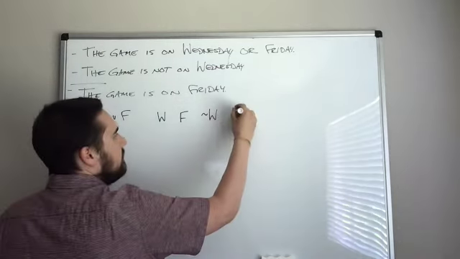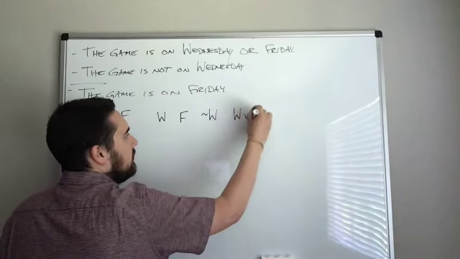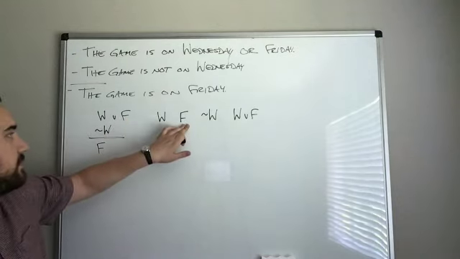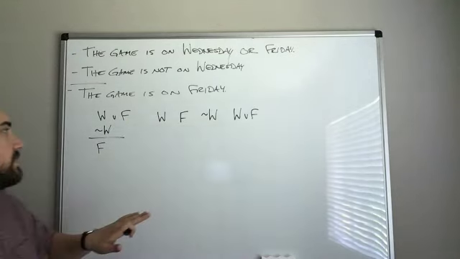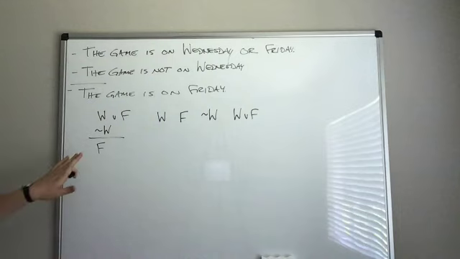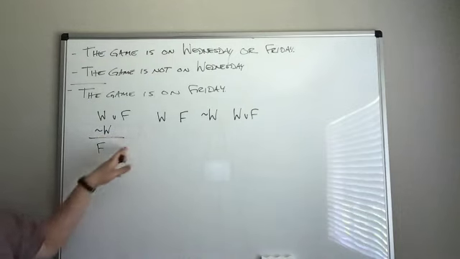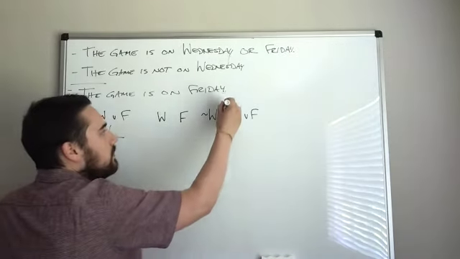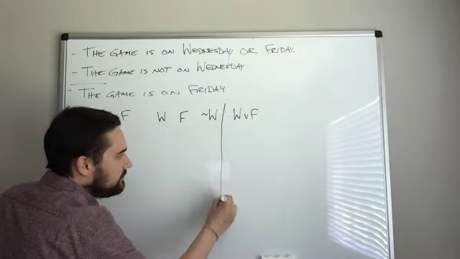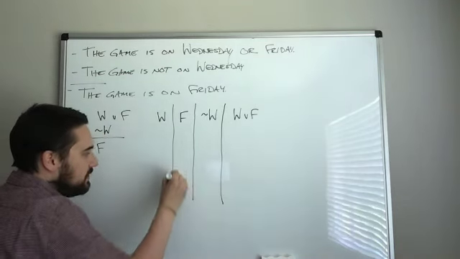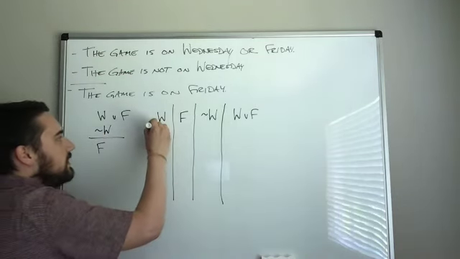And then we need a column for W or F. So the first line is represented, there's a W and an F, both of which are here, and the compound sentence W or F is on the truth table now. The negated W is present, and as we know, the F is already on there. So this is going to be our truth table, and we're going to fill it out just like you guys have done in the previous homeworks, just like we did in the last lecture video.